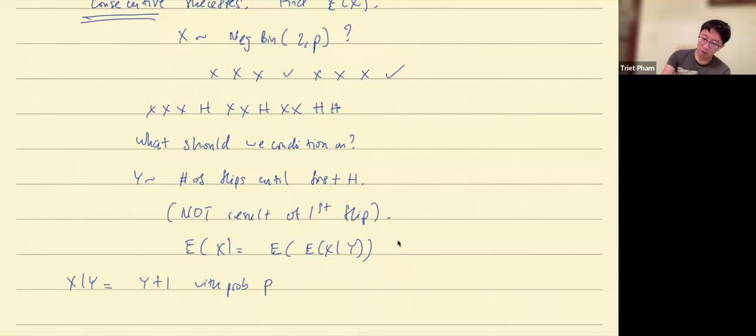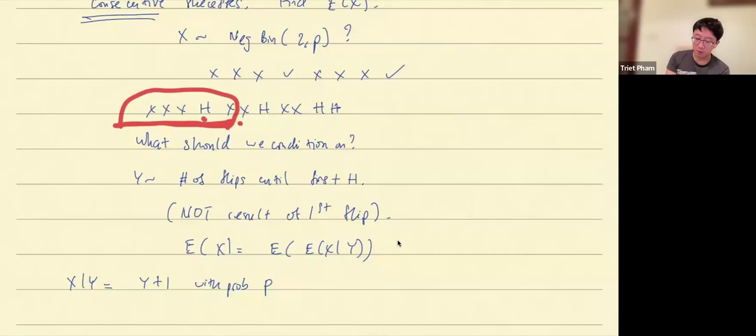Otherwise, what happened? Otherwise, if the next result is a failure, then you cannot get consecutive heads. Then basically, you wasted all your chances. For two consecutive heads, if you get one head and the next one is a tail, then all your chances have been wasted because you will not be able to get two consecutive heads.